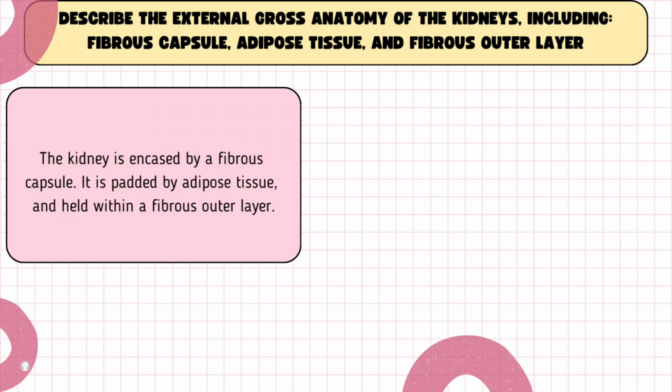This adipose tissue acts as a cushion and helps to hold the kidney in position within the abdominal cavity. And then the fibrous outer layer is a thin connective tissue sheath. It encloses the kidney and its perirenal fat. It also provides support and helps to separate the kidney from surrounding structures.